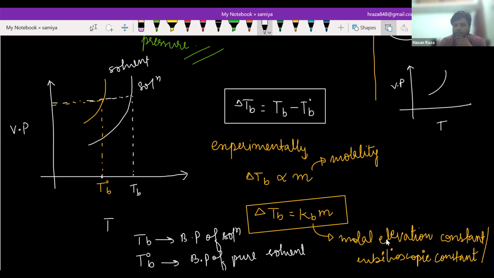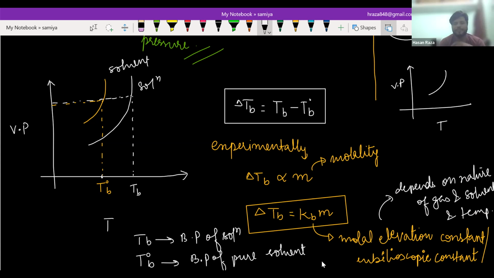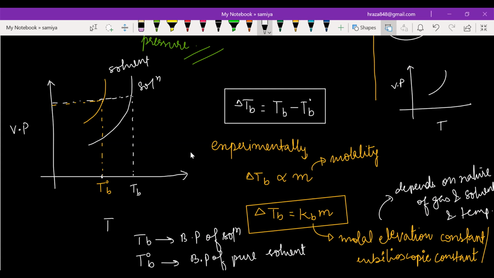And Kb, which I already wrote, depends on the nature of the solvent and also temperature. So please write it and let me know the unit of Kb. You can easily calculate.